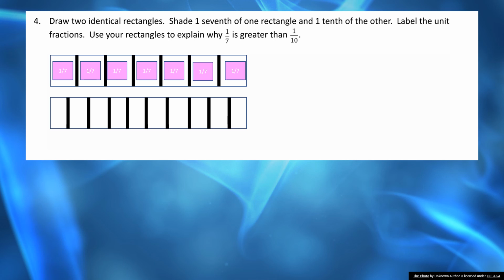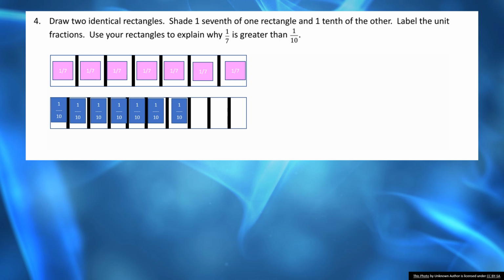All right. And we're going to do the same thing for our model that shows tenths. We're going to put the unit fraction of 1/10 in each section. It's my first 1/10. Second 1/10. My third 1/10. My fourth 1/10. My fifth 1/10.